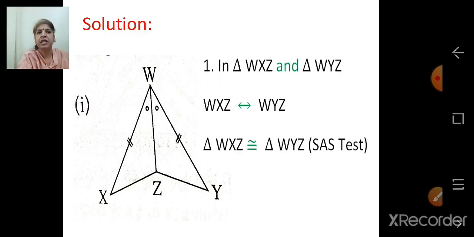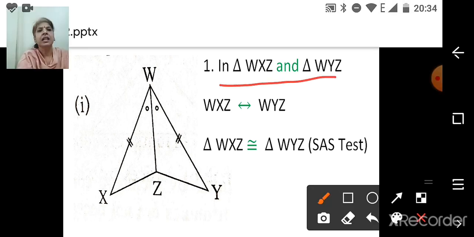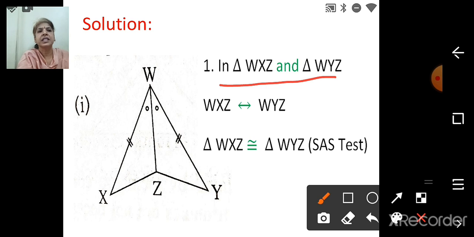Draw the figure. Solution. First write in triangle WXZ and WYZ. This depends on you. You are taking WZX also, or you are taking as WXZ. Anyway, the vertices should match.